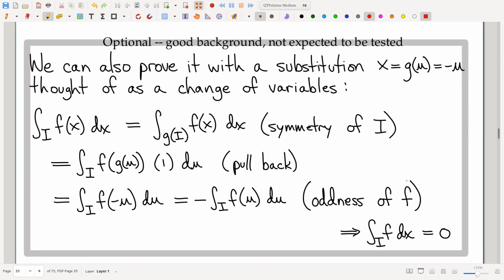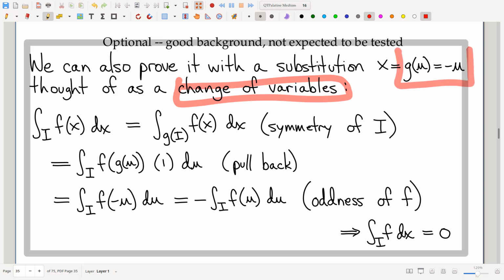Change of variables is just a substitution, and we're going to make this substitution right here: x equals -u. Real easy little substitution. Nothing to it, right? But since we're thinking of this as a change of variables, we're going to think of g of u equals -u as the change of variables function.